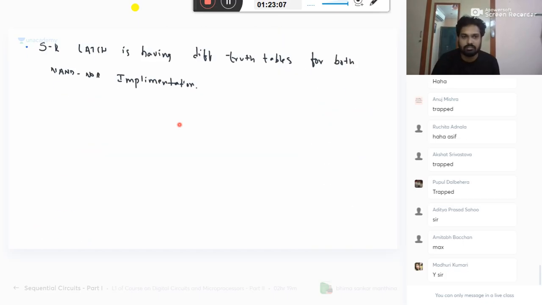So next, it is having one invalid case in the truth table.